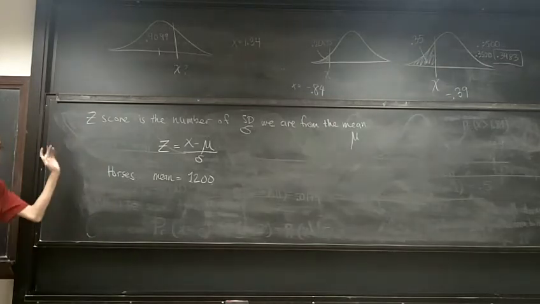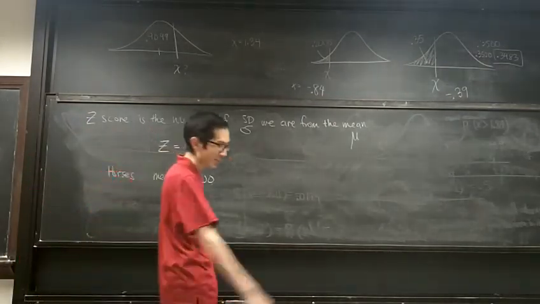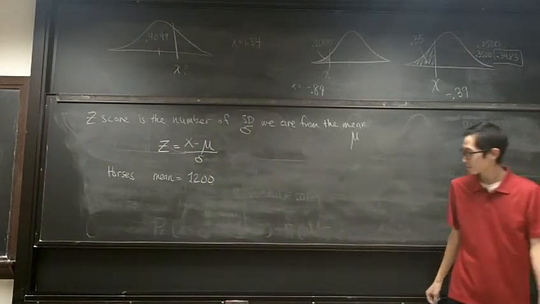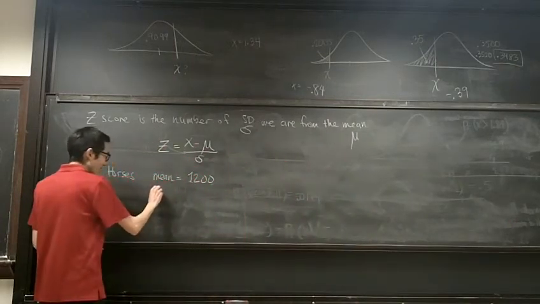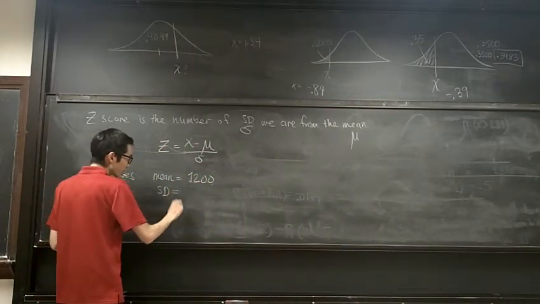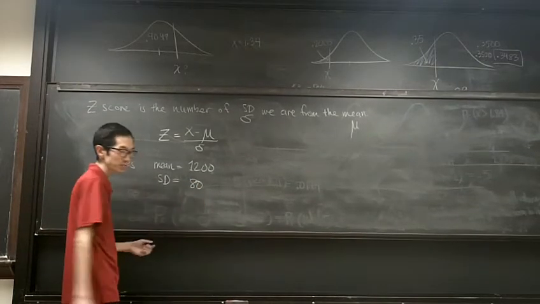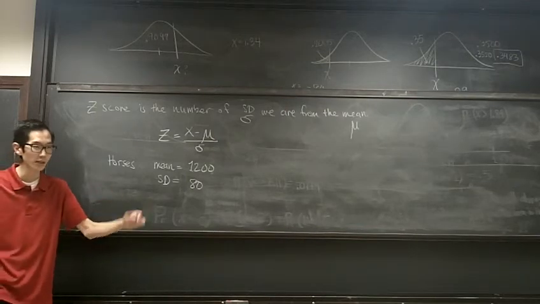The horses I'm talking about have an average weight of 1,200 pounds, and let's say the standard deviation for a horse is 80 pounds. So some horses weigh more, some horses weigh less.